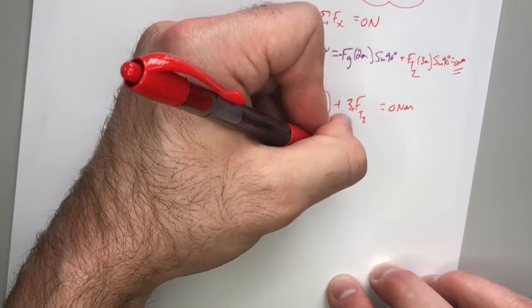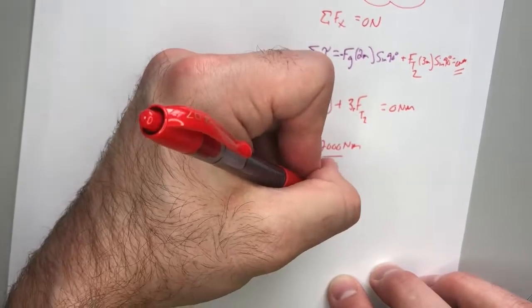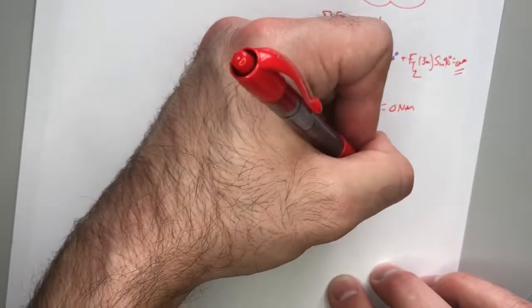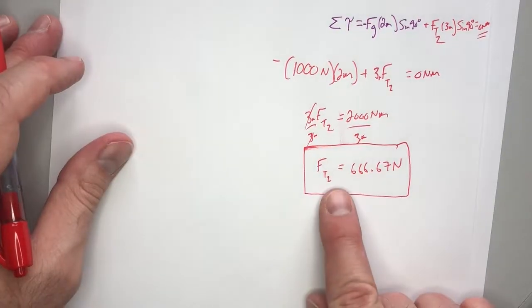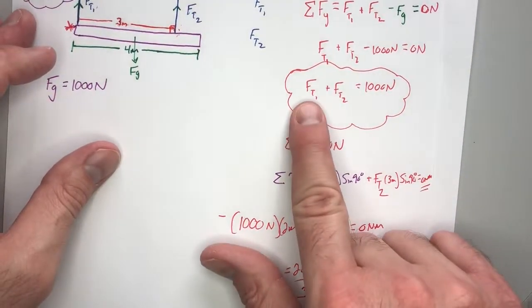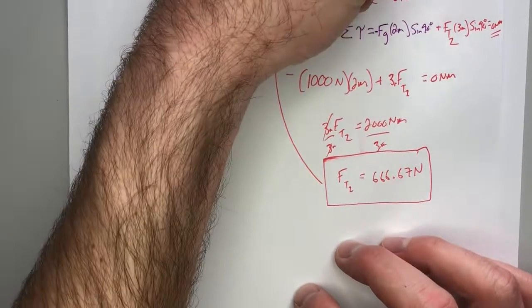Meters go bye-bye. So FT2 equals 666.67 newtons. And you can reason, you know that FT1 plus FT2 has to equal 1,000. So you're like, okay, now that I know that, I'm just going to solve for it.